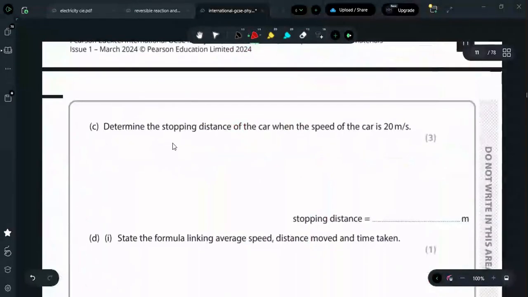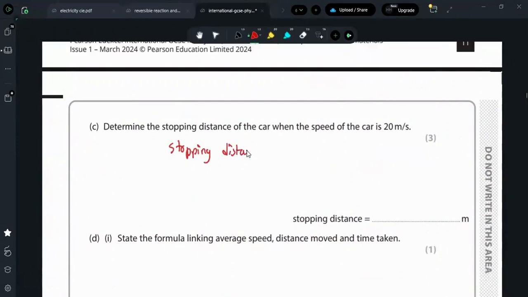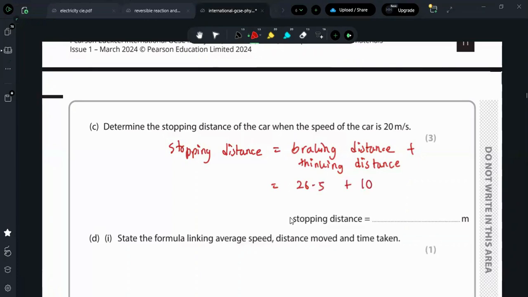So, stopping distance is equal to, at first write the formula, braking distance plus thinking distance. It's always the best to write the formula first. Stopping distance is equal to braking distance, আমরা পেয়েছিলাম 26.5 আর thinking distance ছিল 10, which is giving me 36.5 meter.